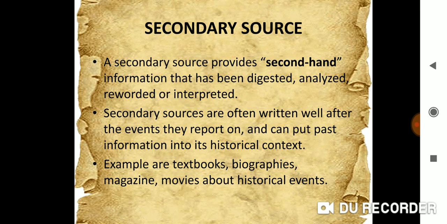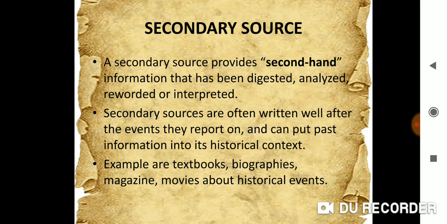Secondary sources are often written well after the events they report on, and can put past information into its historical context. It means one incident happened, but after 10 years, he is writing about the incident.